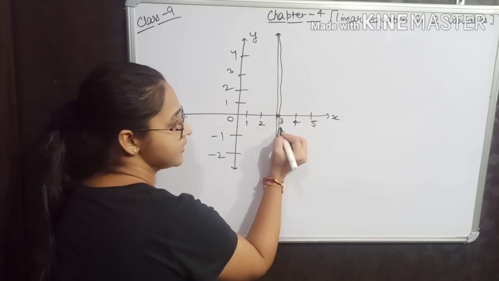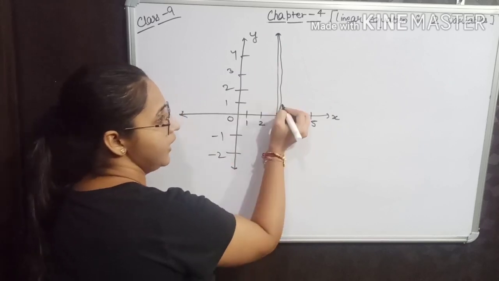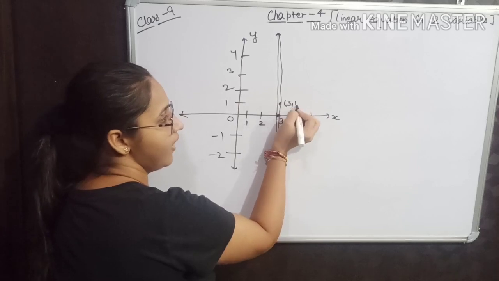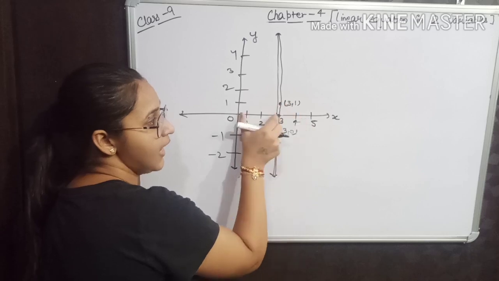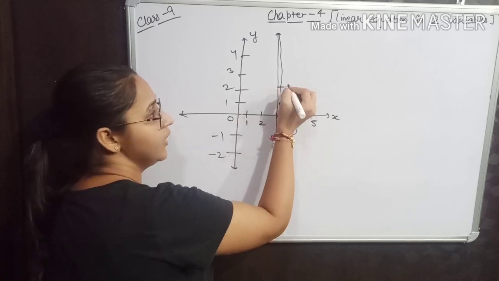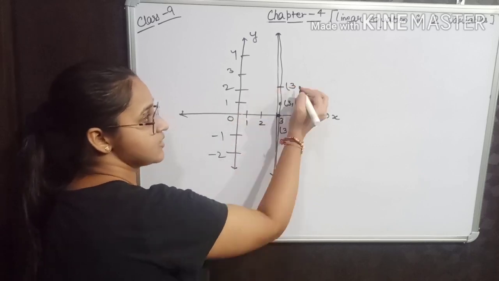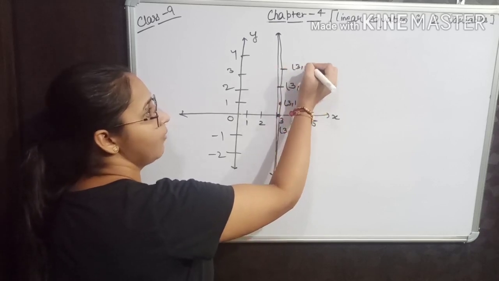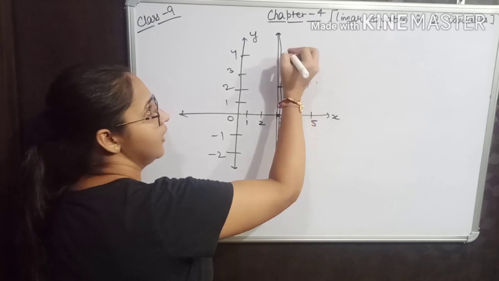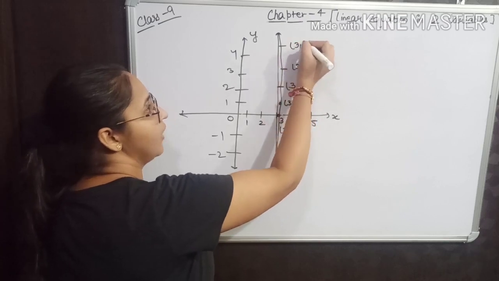Now see the points on this line. First of all, it is (3, 0). It is (3, 1) because the y distance is 1, x is 3 and y is 1. Here x is fixed but y is 2. Here (3, 3) and (3, 4).